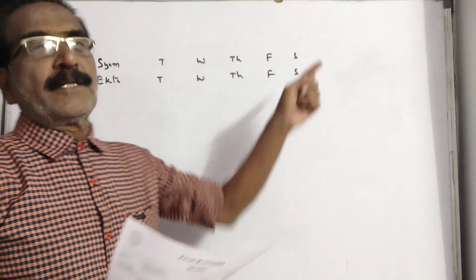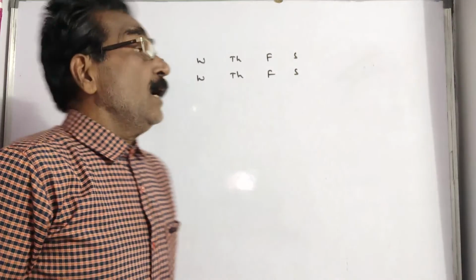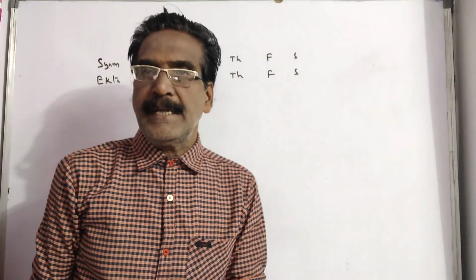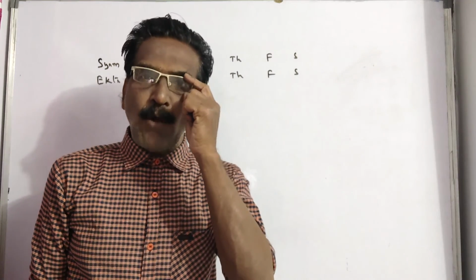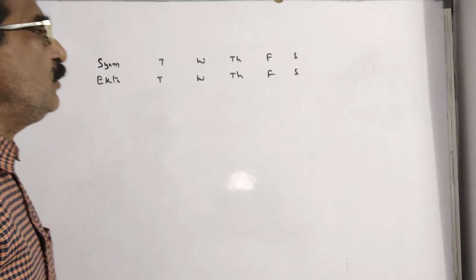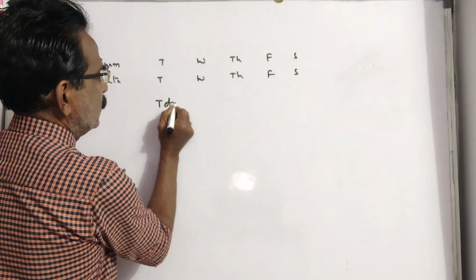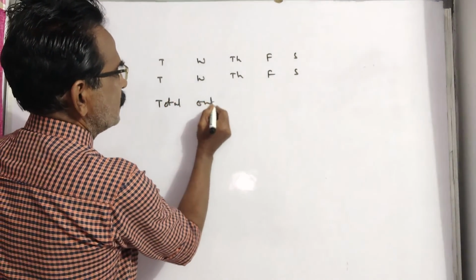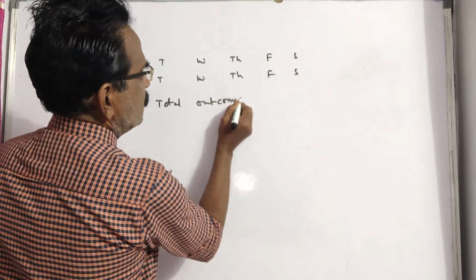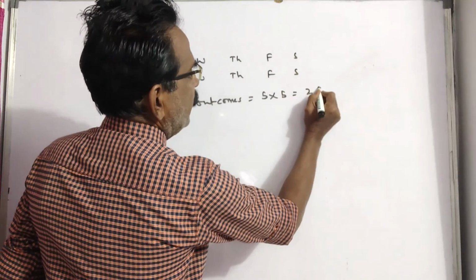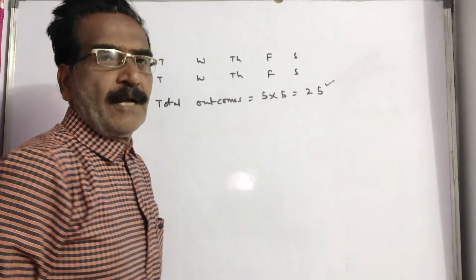See how many outcomes we can have. Total outcomes we can have is 5 into 5, 25. This is the total number of outcomes.